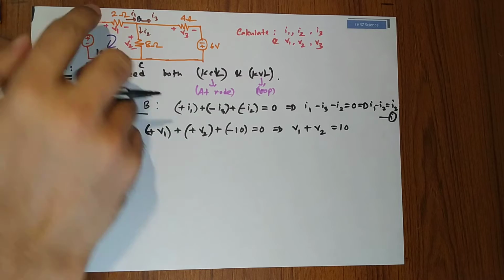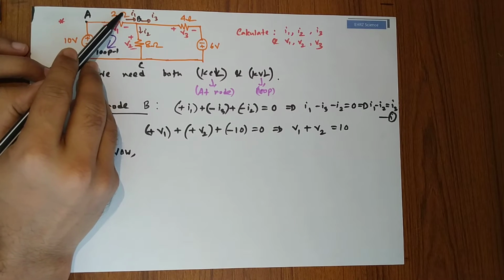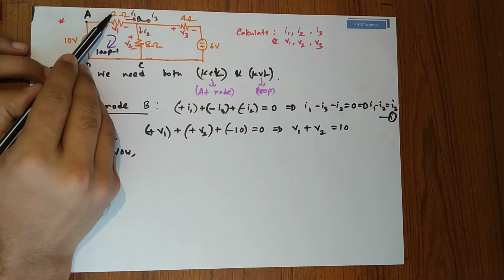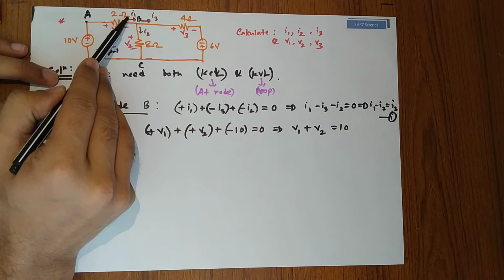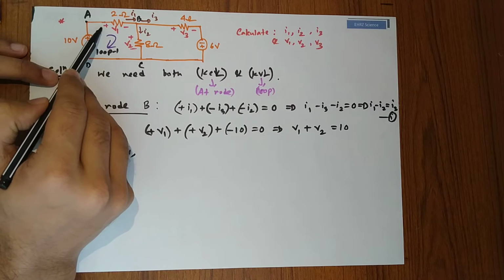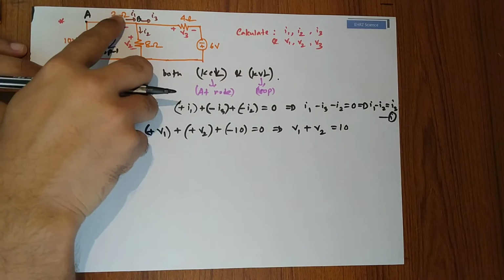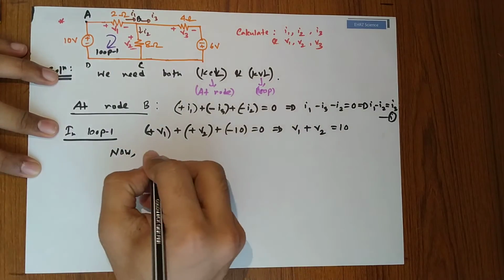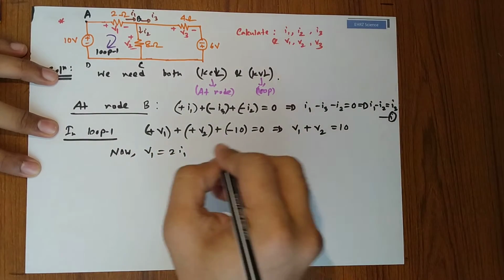See here, in the 2 ohm resistor the current is I1, and the current I1 is entering the positive terminal of the resistor, so V1 is 2I1.